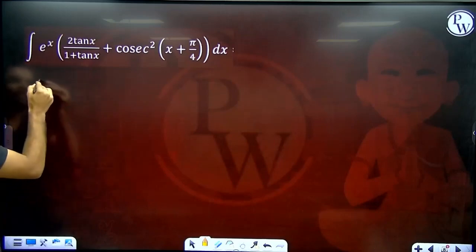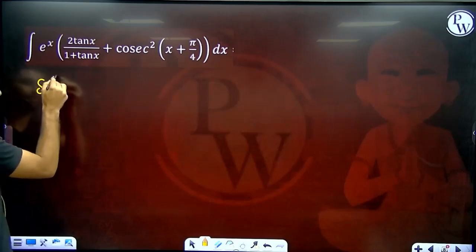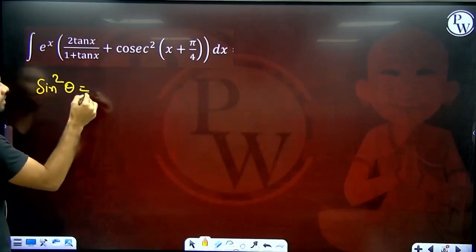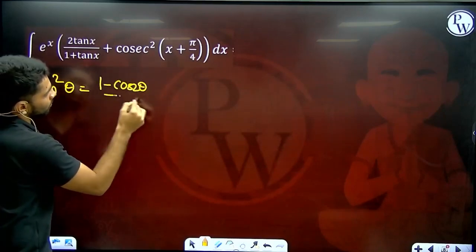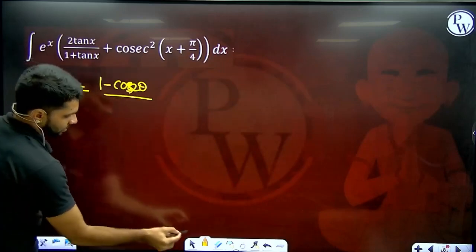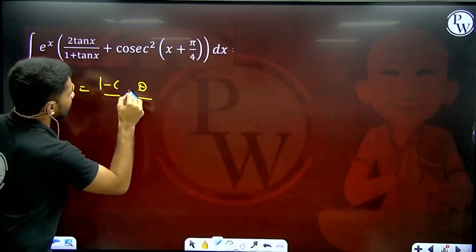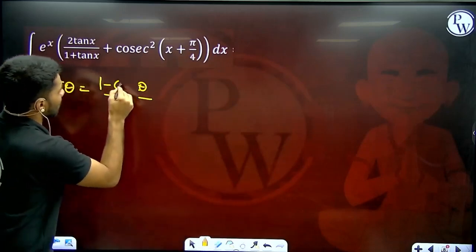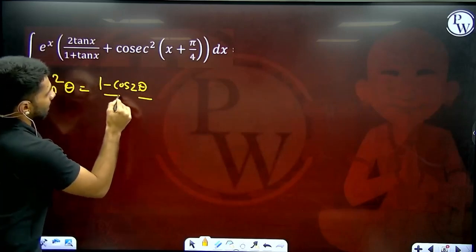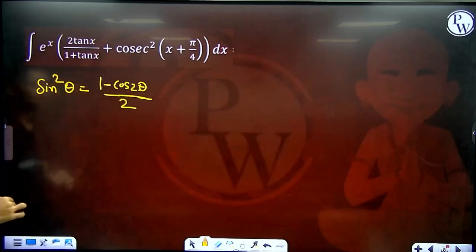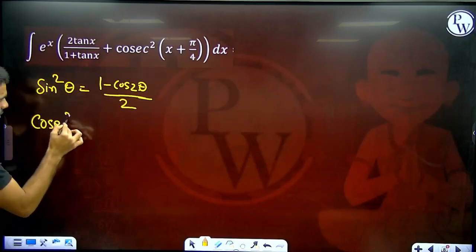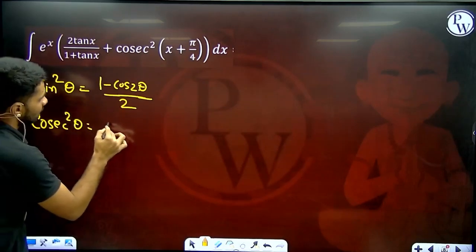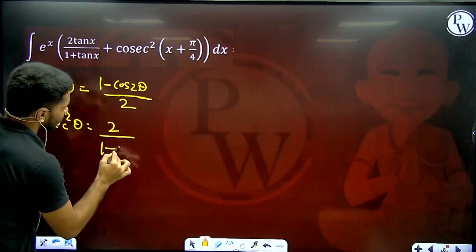So we know that sine square theta is equal to 1 minus cos 2 theta by 2. So cosec square theta will be 2 upon 1 minus cos 2 theta.